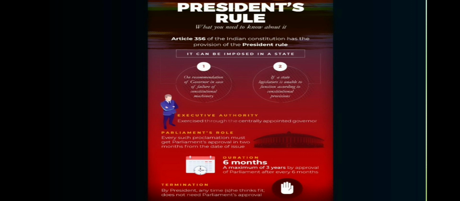He has to convince the president that the state government is not working according to the norms mentioned in our Constitution. The president may then, on the advice of the prime minister, dismiss the state government and order the governor to take over the administration of the state.